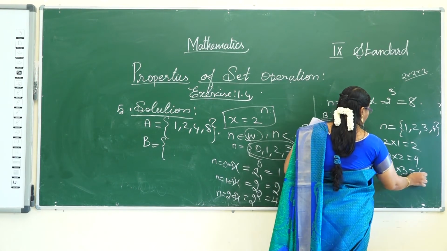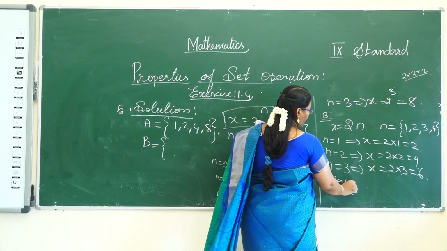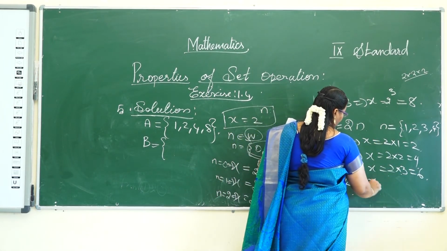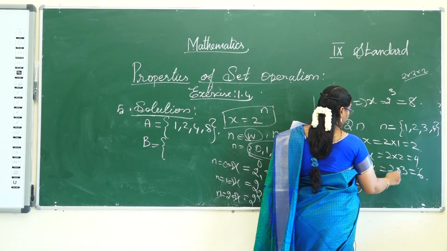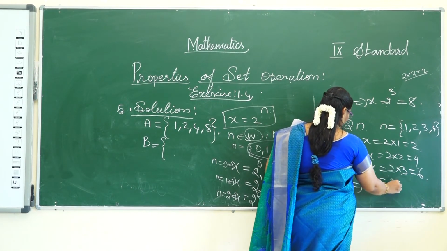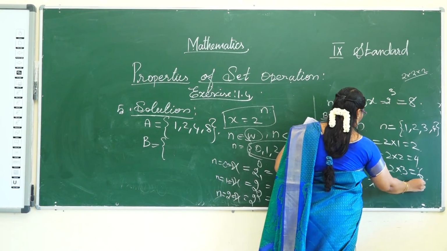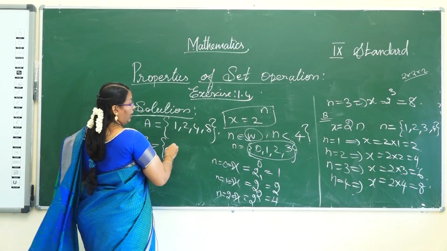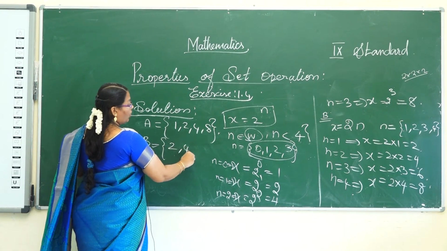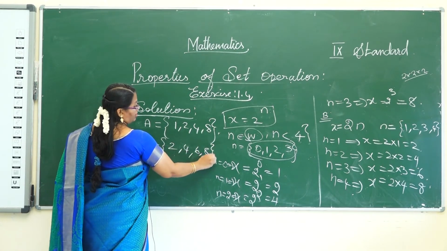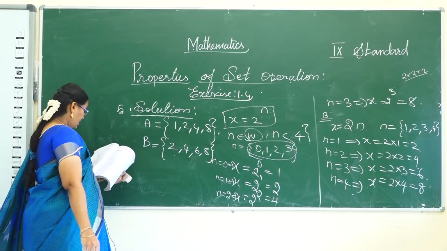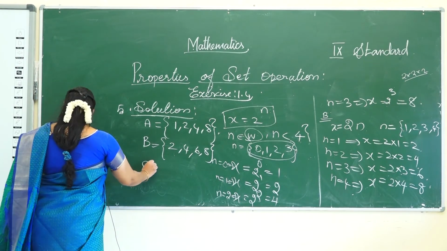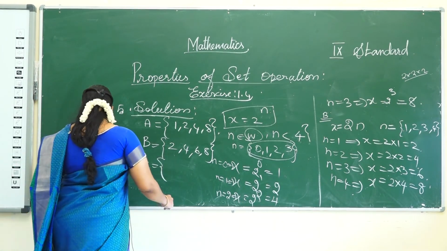So 2 3s are 6. n equal to 4, x equal to 2 into 4 is equal to 8. Therefore, the elements in set B are 2, 4, 6, 8.